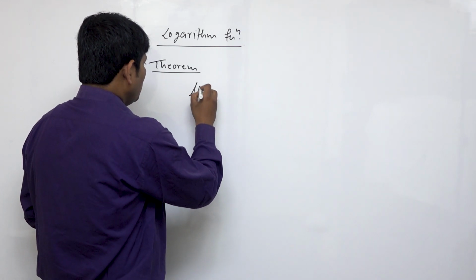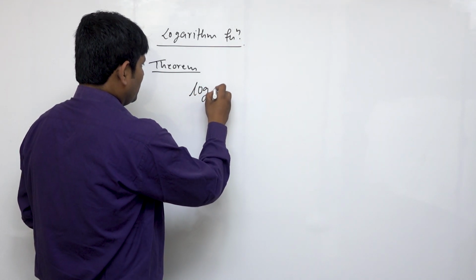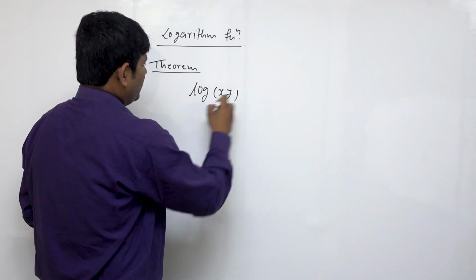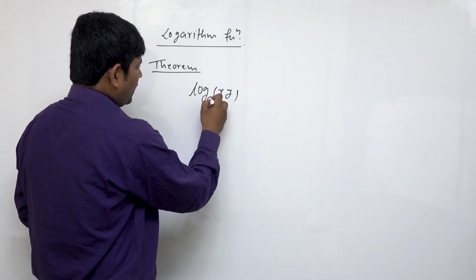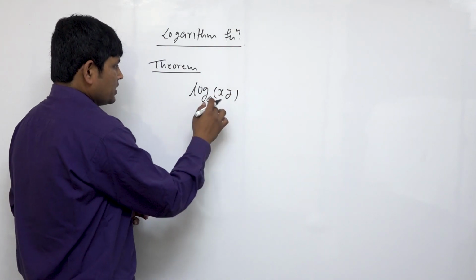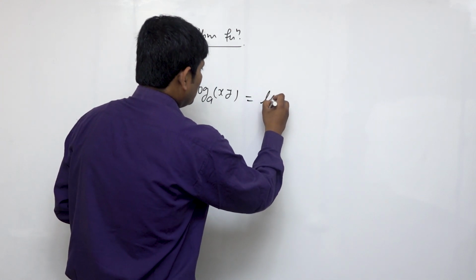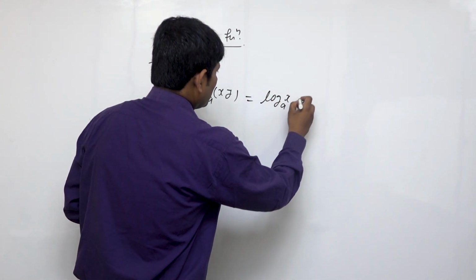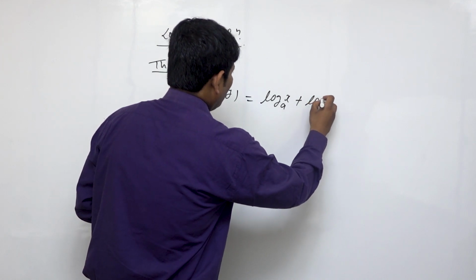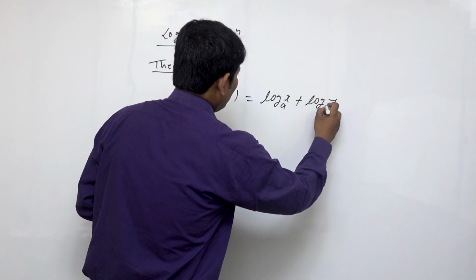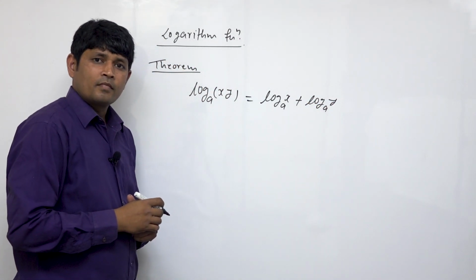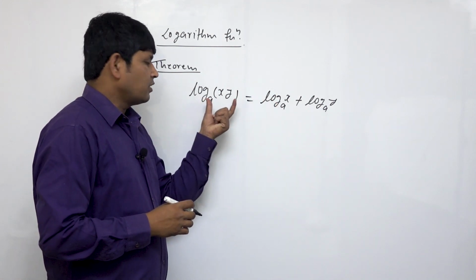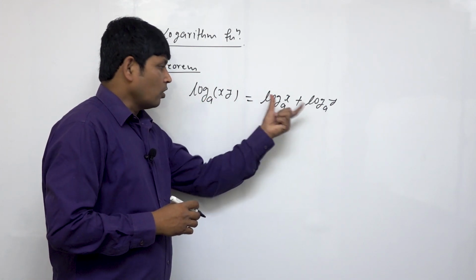Log of xy to the base a, any base we can say, is equal to log of x to the base a plus log of y to the base a. This is called the product law.